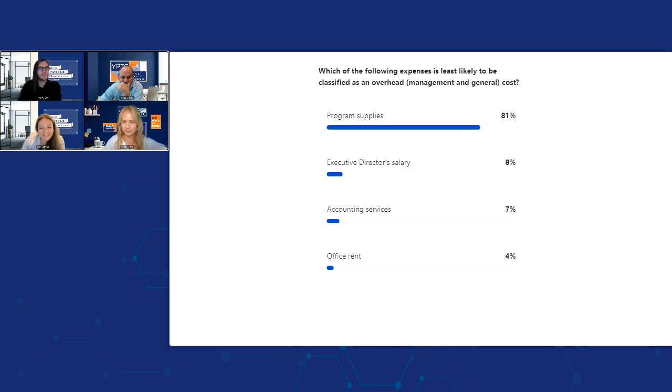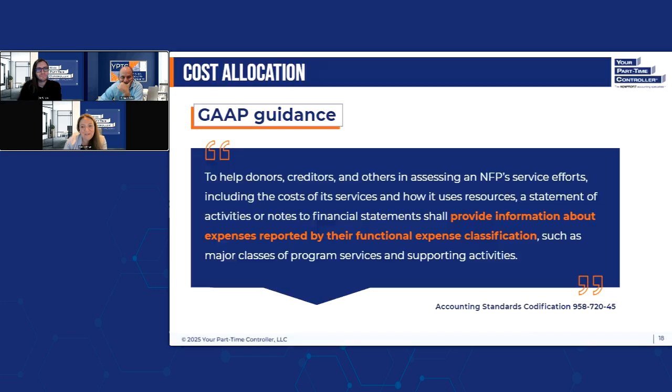Thanks, nicely done, everybody. All right, so now that we had some fun with that, let's go into our guidance. So what does GAAP say? This comes from our Accounting Standards Codification. For all of you GAAP nerds, it's 958-720-45.